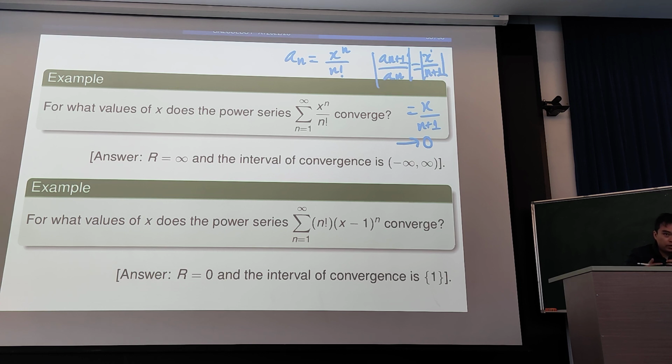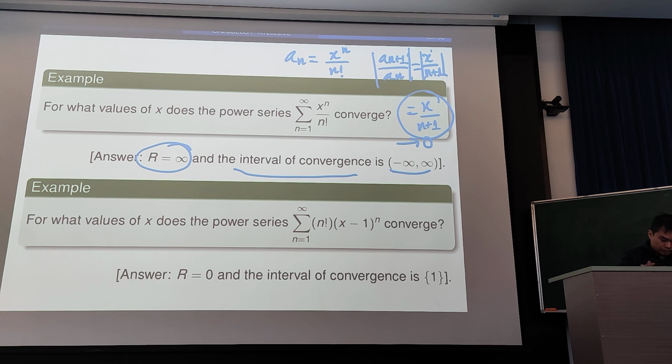By the ratio test, when the limit equals 0, the series converges absolutely. This limit does not depend on x, so for every x we have convergence of the series. So the radius of convergence should be infinity, and in this case we can easily conclude also about the interval of convergence.